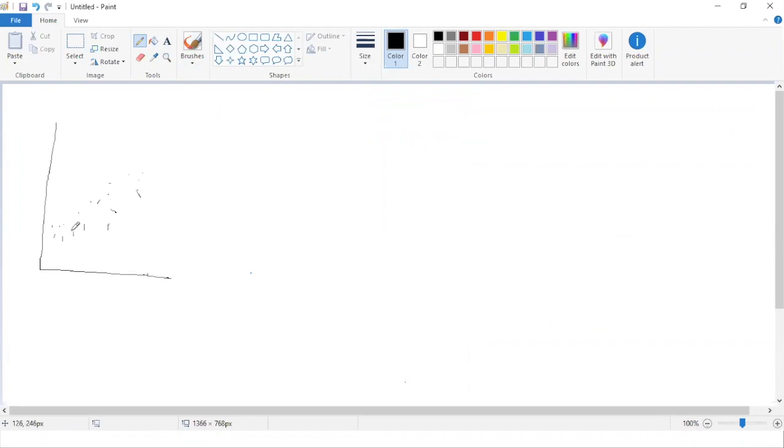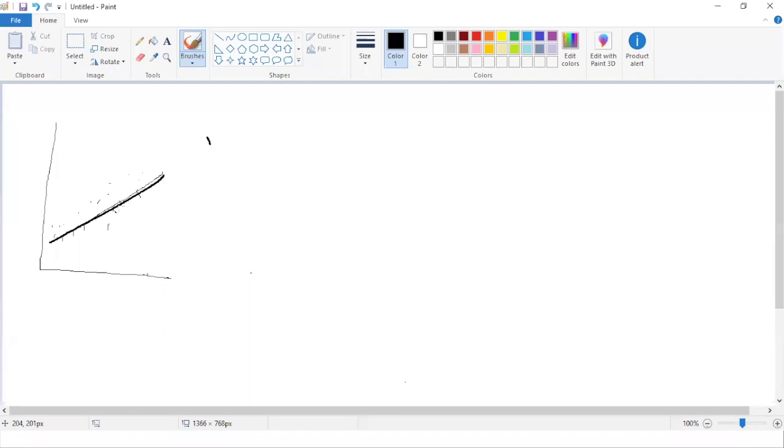Now we have the line, and we have the different points here. These are normal points. You want to find a best fit line. Now I've told you about the cost function.